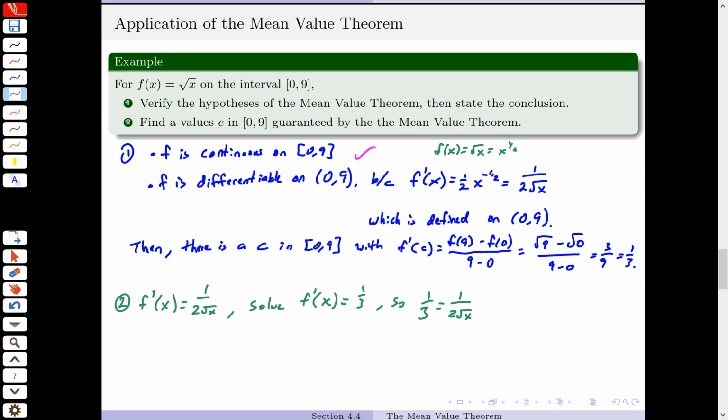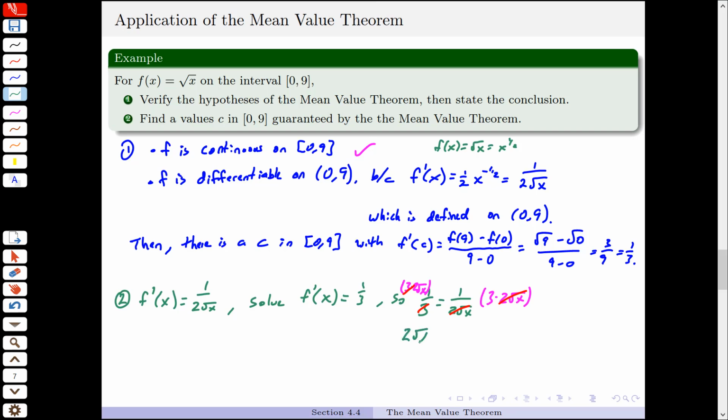Okay, so I'm going to solve by multiplying both sides to get rid of the denominators. So multiply both sides by 3 and multiply both sides by 2 root x. So on the left, the 3's cancel. On the right, the 2 root x's cancel. You might have called this cross multiplying when you were taking algebra. So 2 root x is equal to 3.